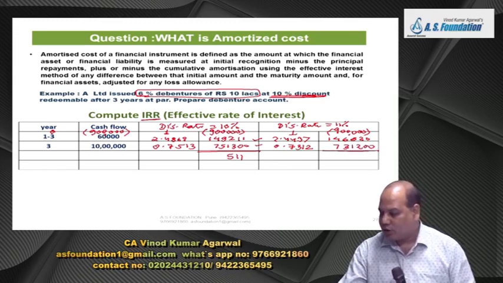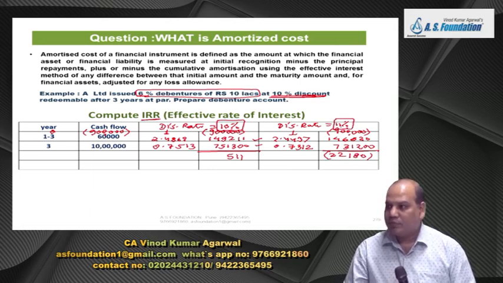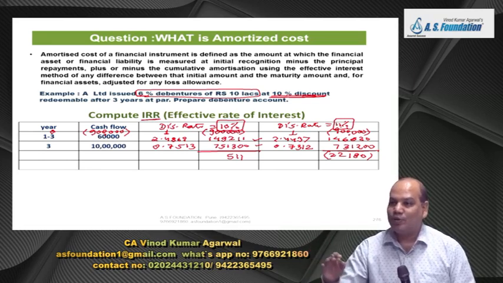Again take the total carefully, minus this 9 lakh. 2022. Positive or negative? So which means the IRR falls somewhere between 10 and 11%. Is the calculation right? Everybody? Afterward the whole account will go wrong.